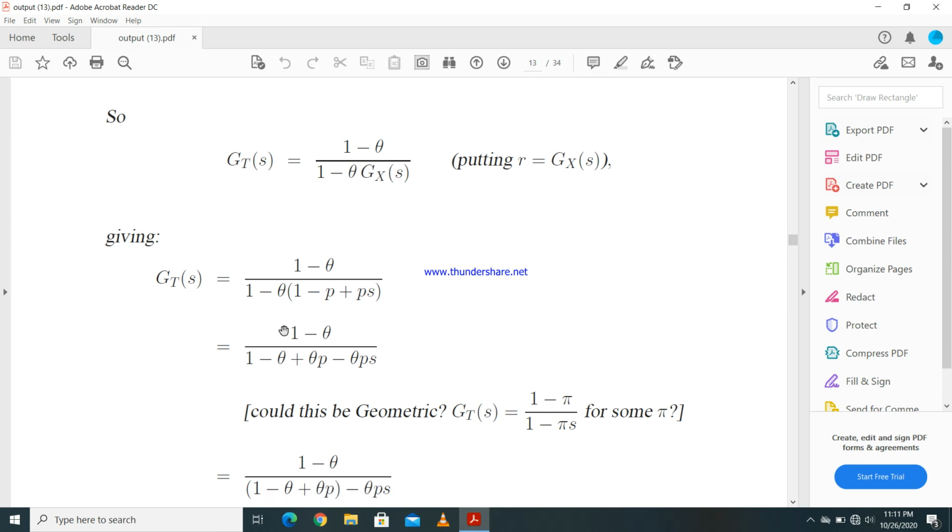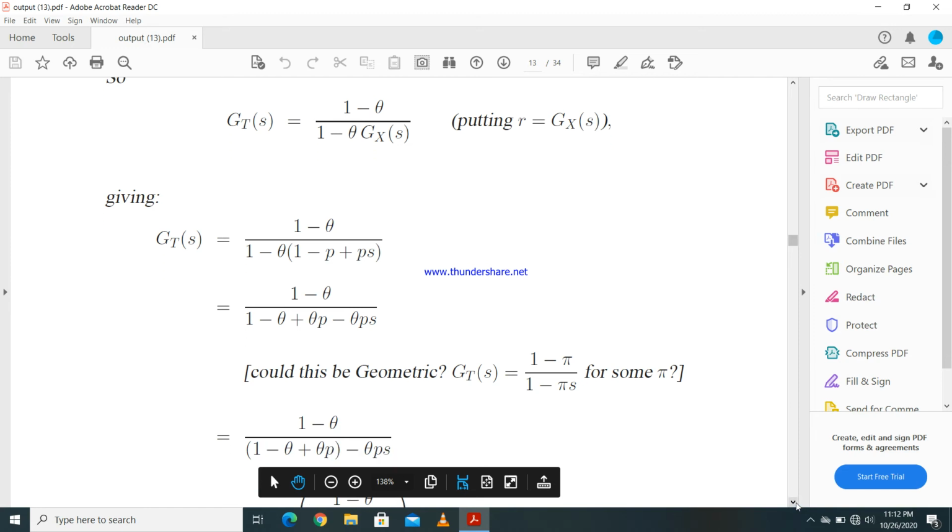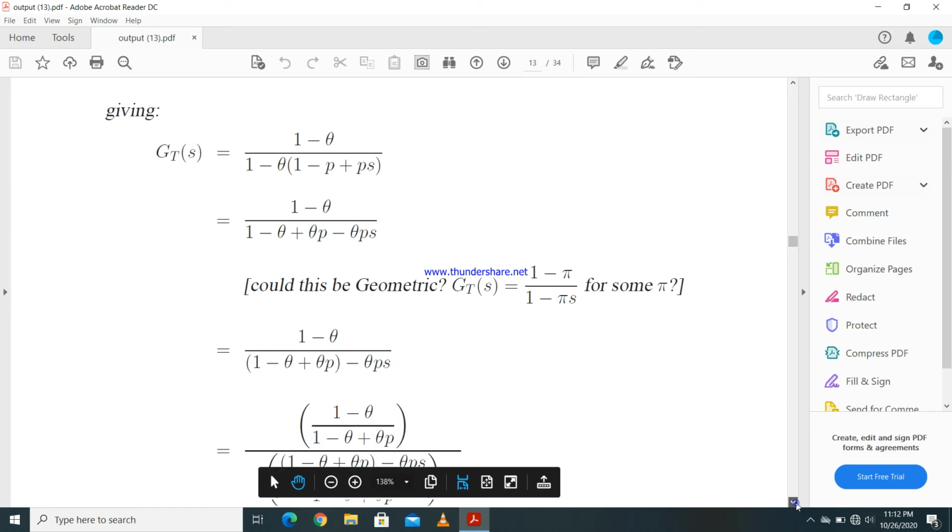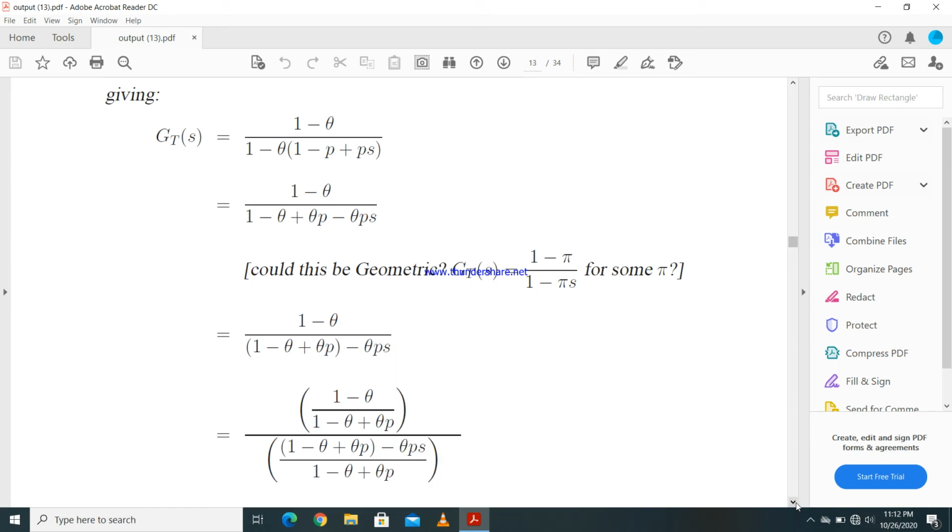When you simplify that, you will get an equation where the numerator is 1 minus theta, and the denominator is 1 minus theta plus theta p minus theta ps. This is what we receive after solving this question, that is, the probability generating function for t.